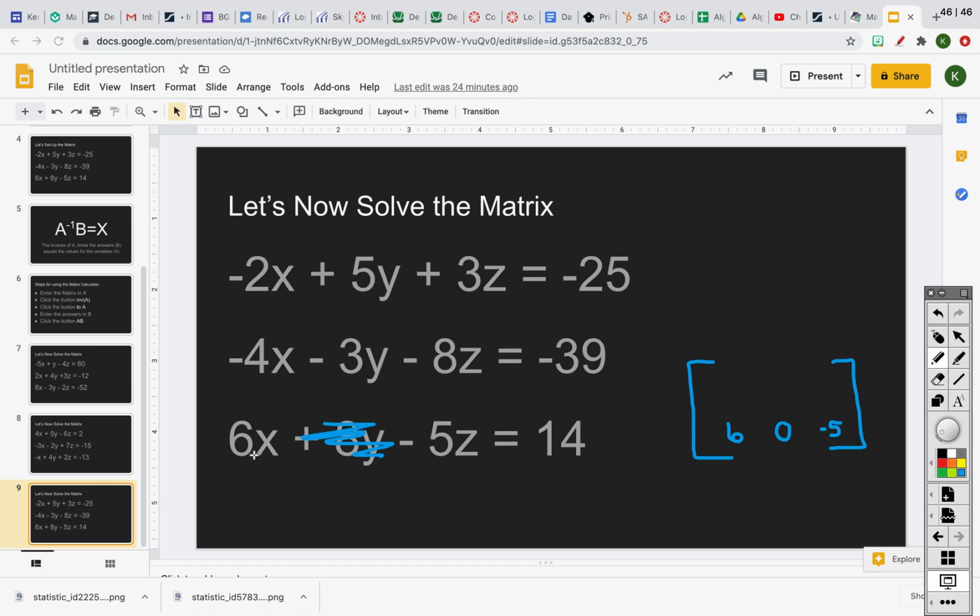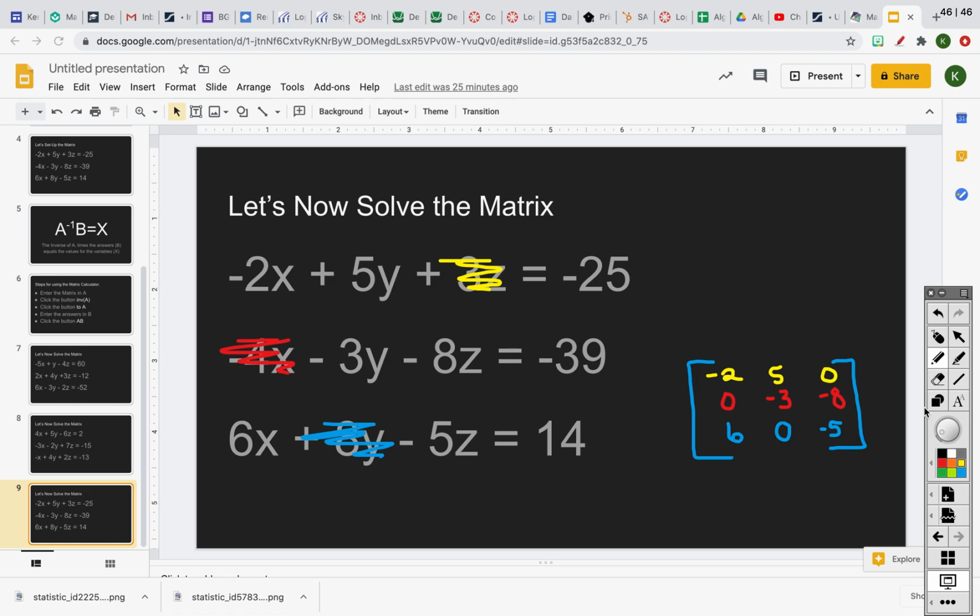Or let's say I'm missing the negative 4, it would be 0, negative 3, negative 8. And let's say I were missing the z, this would be negative 2, 5, and 0.